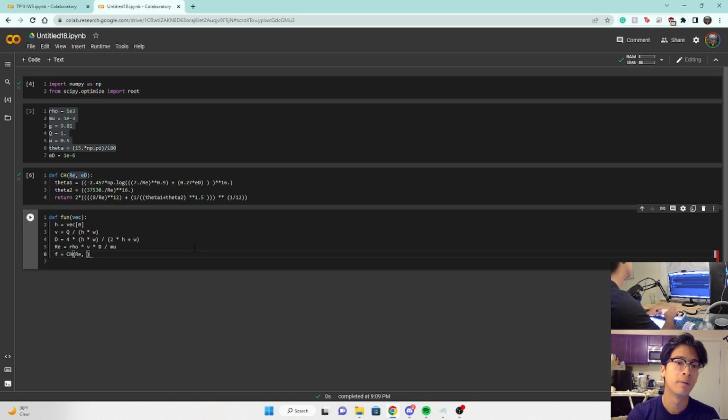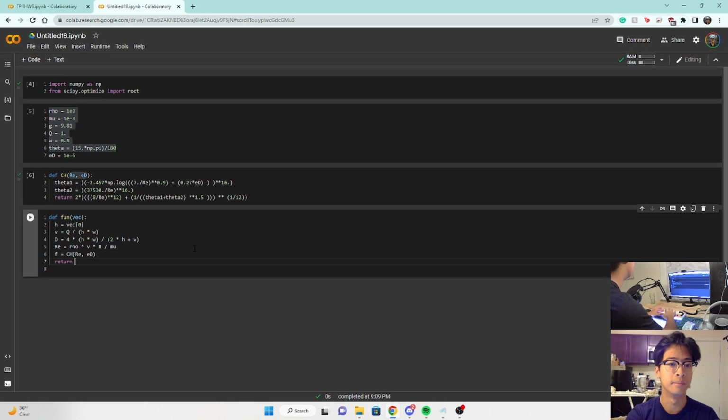So I think we're all good here. Remember that when you're returning something for a function which you would like to root solve, it ideally likes it in a Python list, and we have G minus, meaning that it's going to make our expression match G. So G minus f times v squared divided by 2 times sine theta.